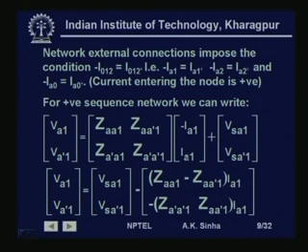So minus IA1 and plus IA1, because IA dash 1 is basically equal to IA1. The magnitudes are the same for both, as we have said that the external network connections impose this condition when there is no crossover of the phase.